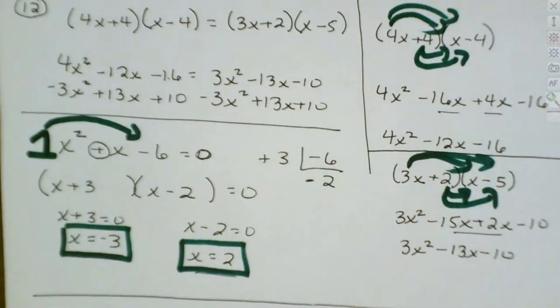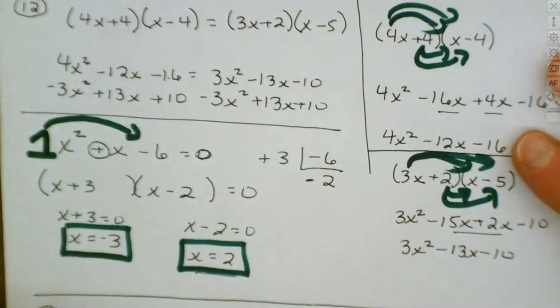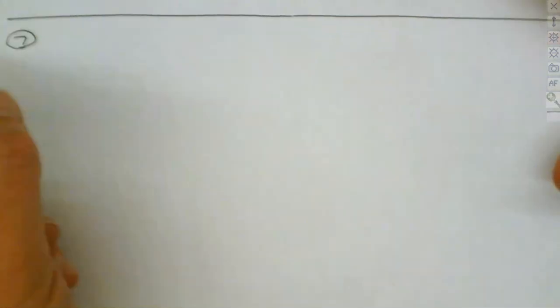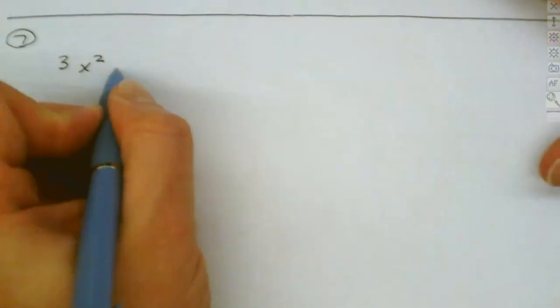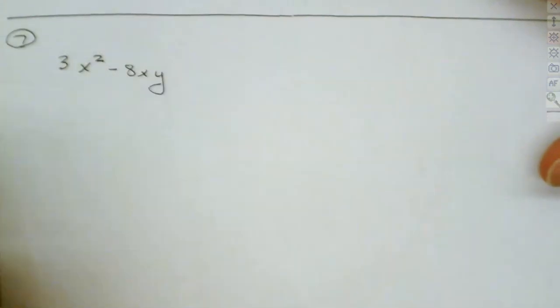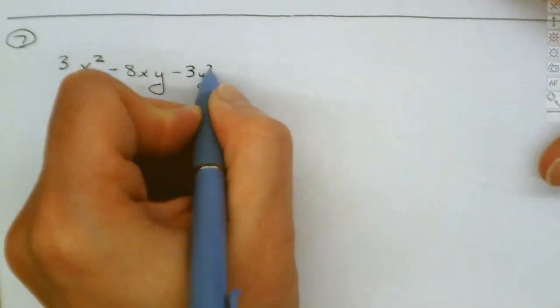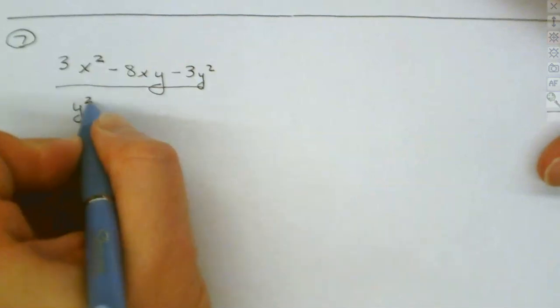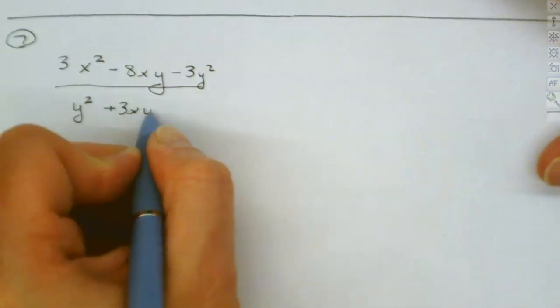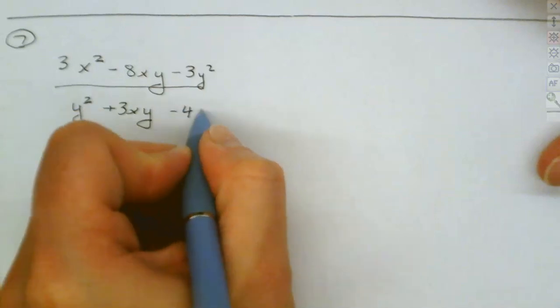So let's talk about question 7. These are usually not difficult to factor, but there's a lot of factoring that you have to do. So we have 3x squared minus 8xy minus 3y squared over y squared plus 3xy minus 4x squared.